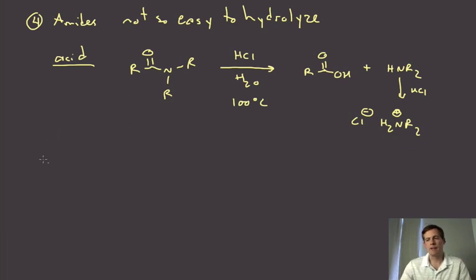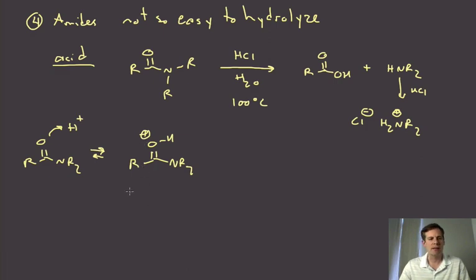What would the mechanism be? You probably could figure it out on your own at this point, but essentially what we're going to do, as we've always done, if we have a carbonyl and we've got some proton around, we're first going to protonate that carbonyl, and that will give us this protonated species. It's now activated to undergo nucleophilic addition of the water.